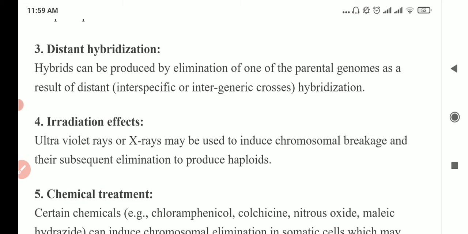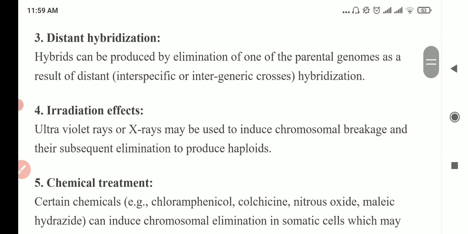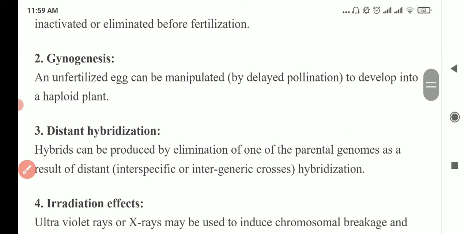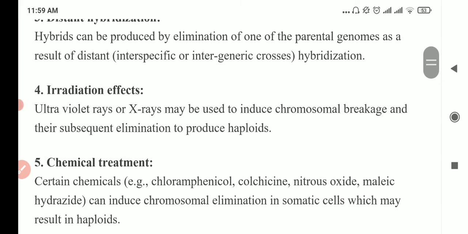Let's say when you hybridize plants that are so unrelated to one another, one of the parents' genome does not succeed. So simply one parent genome will just be inactive, and the other parent genome will develop into a new plant.